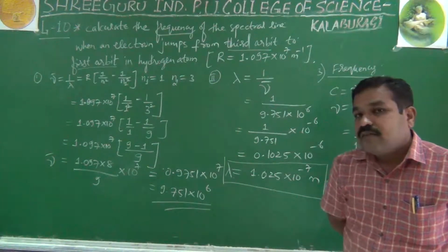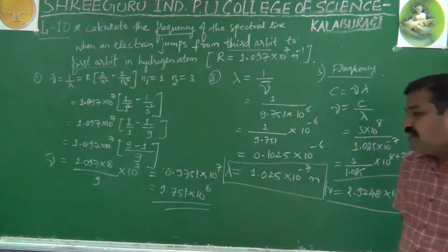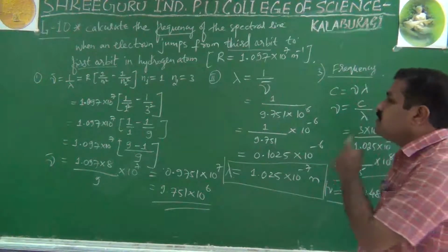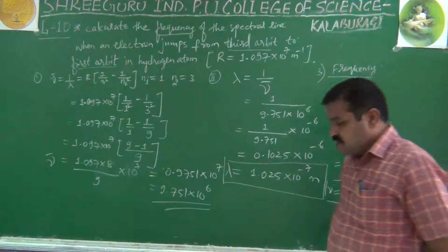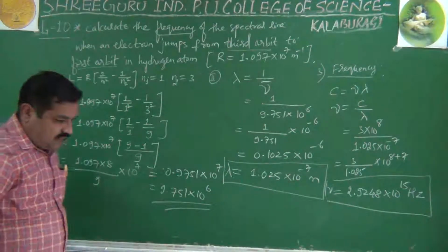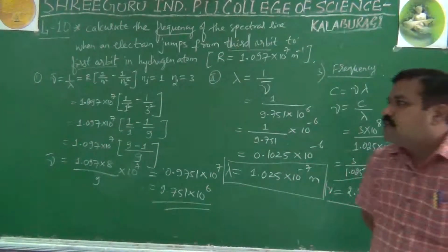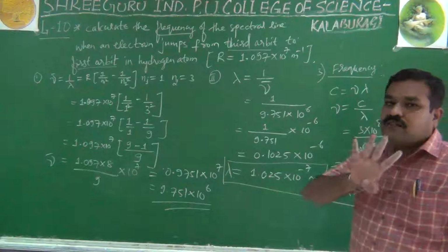Second, how to calculate the wavelength. And third, how to calculate the frequency. If they ask you frequency, stepwise you have to go like this only, for 3 steps. For the first, wave number, 2 marks; if they ask you wavelength, 3 marks; and if they ask you frequency, that will be a total 4 marks question.